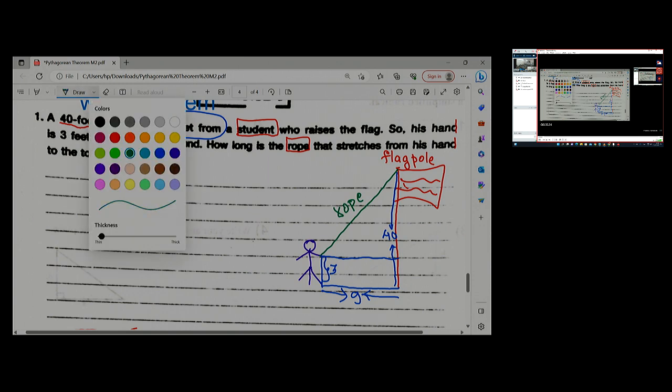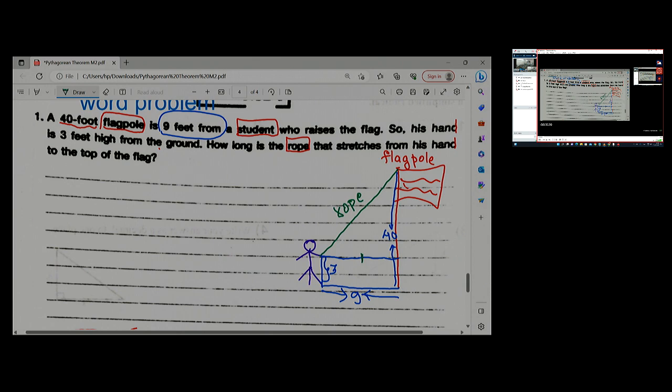Now look at here. So how much is this side now? 9. And what is the height from here to here? How much is this? How much will that be? 37. How? 40 minus 3 is 37. Very good. It will be 37.